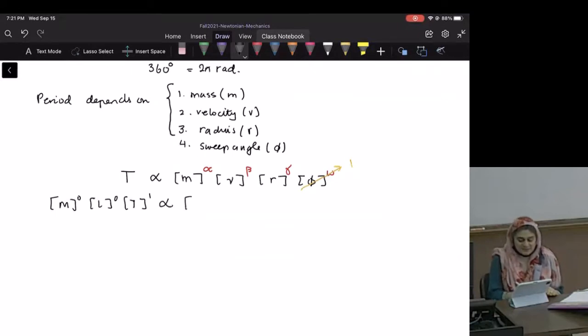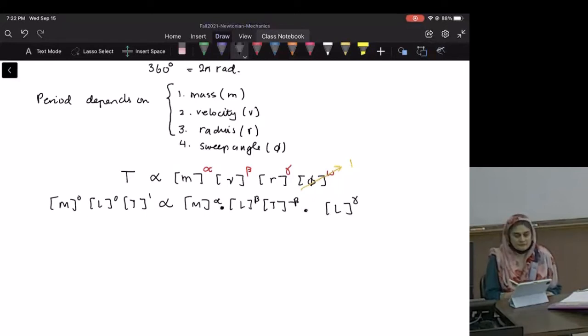Then I will have M^alpha, V will be written as L^beta and T^minus beta, and R will be written as L to the power gamma. Combine the like terms. What do I get? M^alpha, L^(beta plus gamma), and T to the power minus beta.